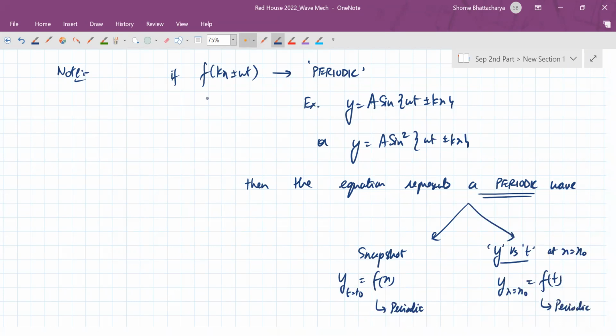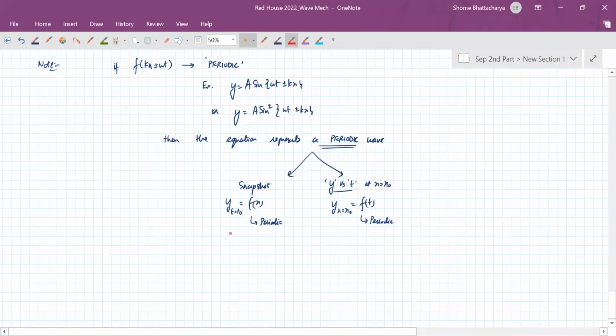Okay. So in terms of interpretation, it means that a periodic wave has these two properties, that the snapshot picture looks like a periodic shape of y with respect to x.